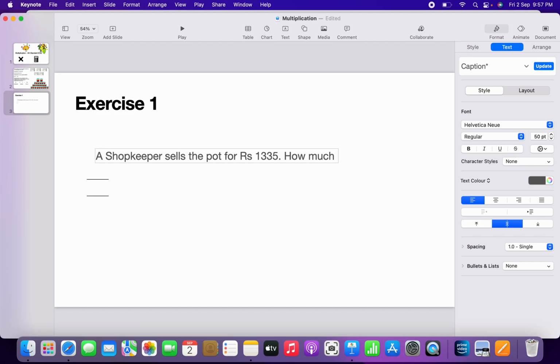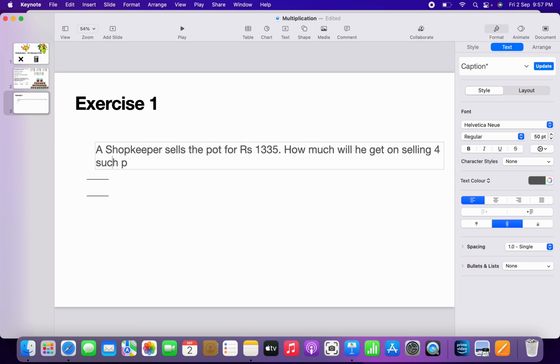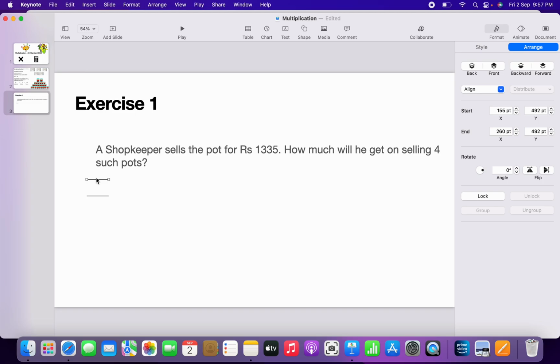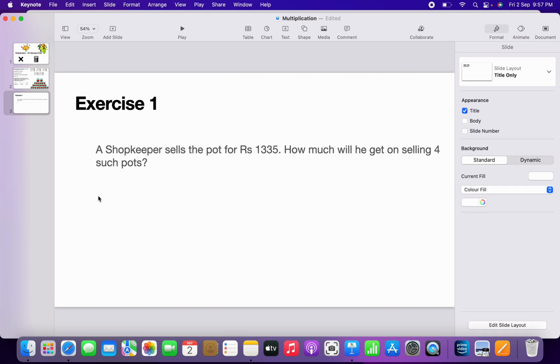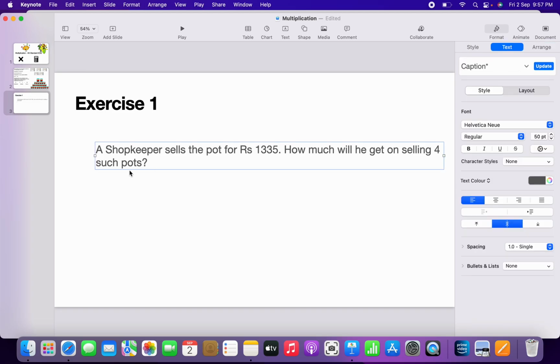How much will he get on selling four such pots? Yeah, very interesting question. Let's read it again. A shopkeeper sells the pot for 1335. So he sells one pot.